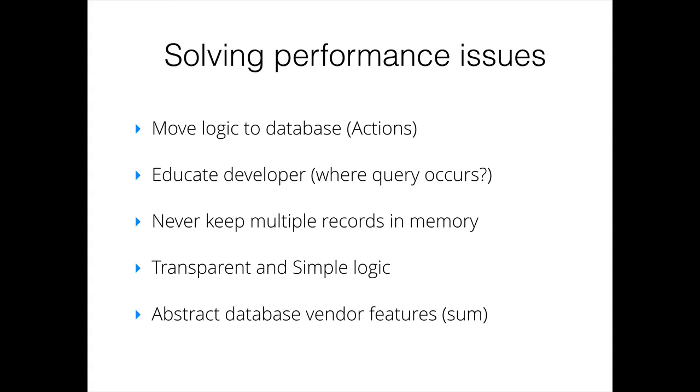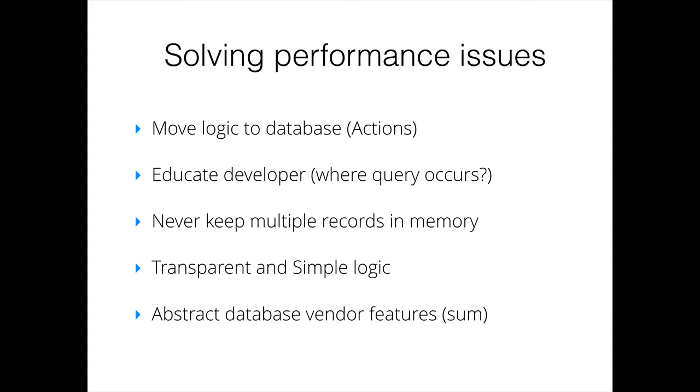How to solve these problems? One of the most important things is to understand our databases are not just dumb key-value storages. Some of them are, but most of them are not. So let's move some logic to the database. Let's educate developers on where exactly a query will happen.